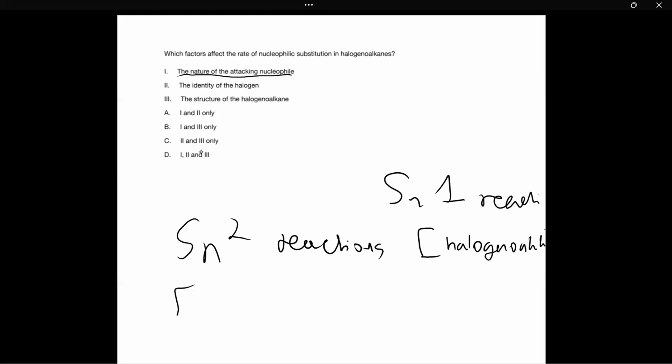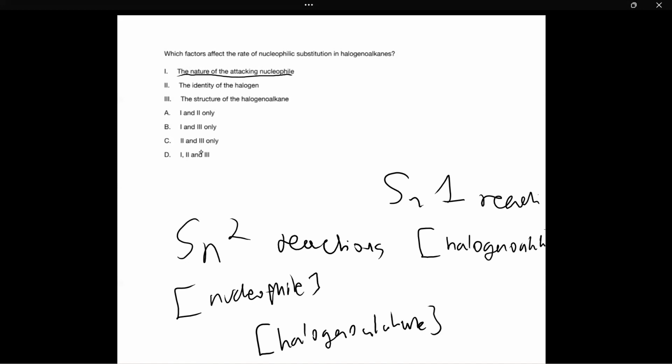In SN2 reactions, both the attacking nucleophile, I'll just write nucleophile, both the nucleophile and the halogenoalkane determine the rate of reaction.